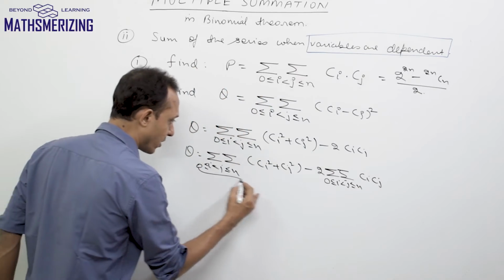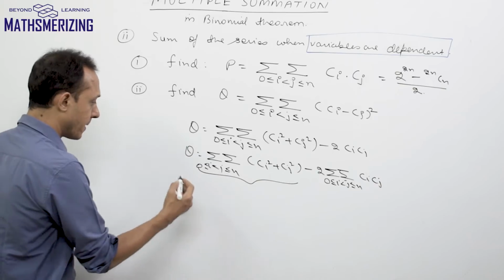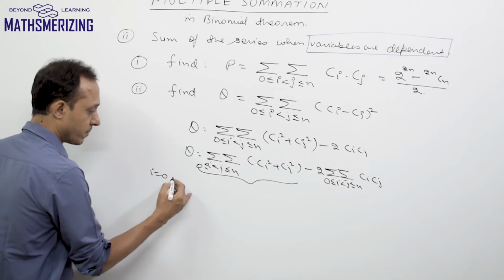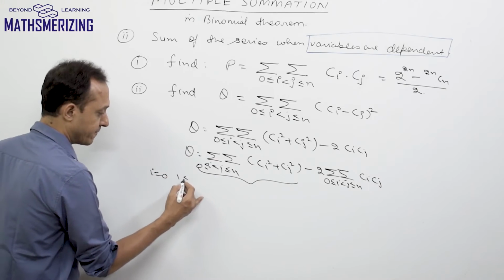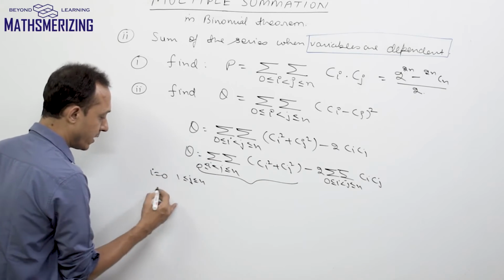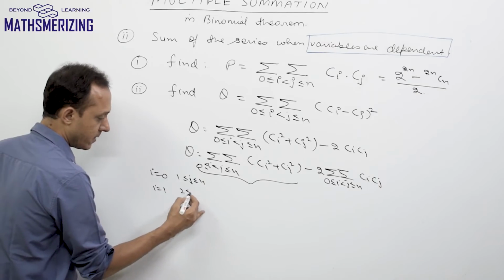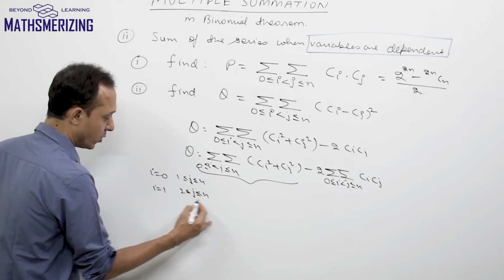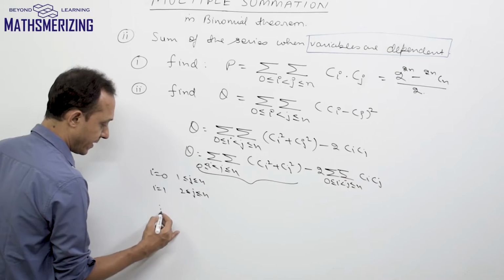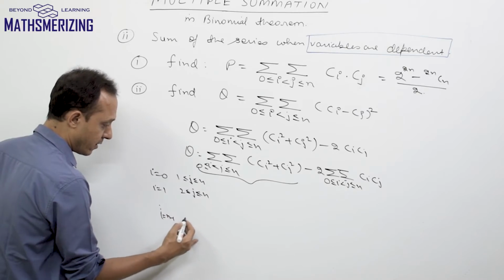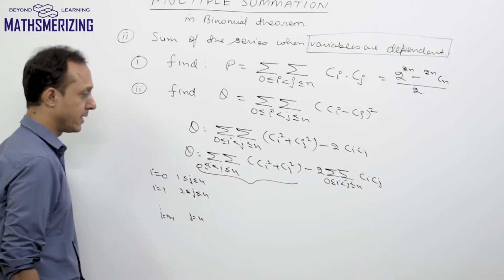Now we'll try and solve this one. For this one, when i is 0, the value of j varies from 1 to n. When i is 1, j varies from 2 to n. And when i is n minus 1, then the value of j is n.